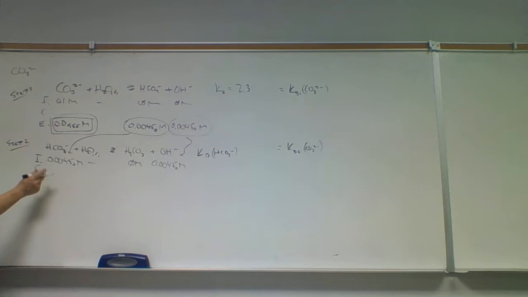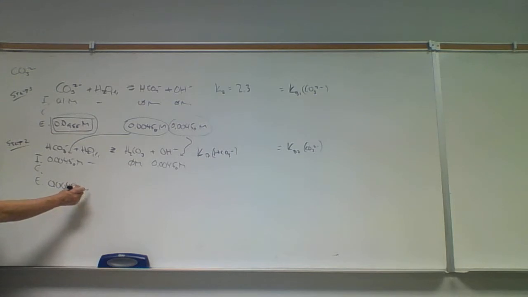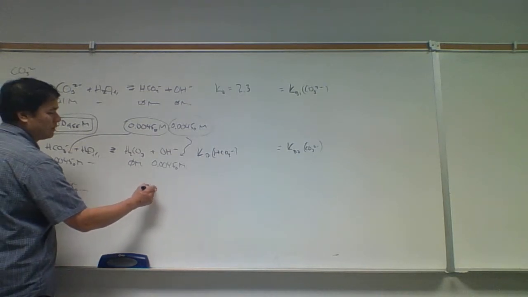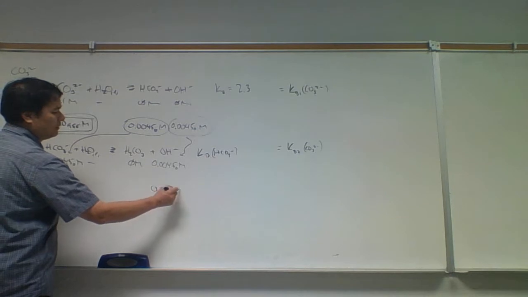And so what was the equilibrium for this? This was 0.00450. In fact, I carried a whole bunch of extra digits here because the changes were so small. This is 0.00450.